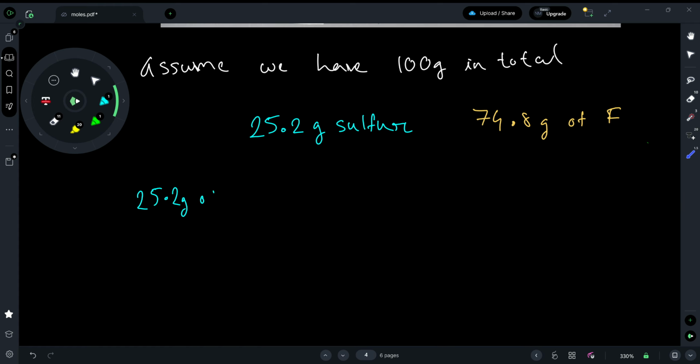25.2 grams of sulfur. And I just put it over one. It doesn't change anything. Anything over one is the same thing. And we're going to put in the molar mass.